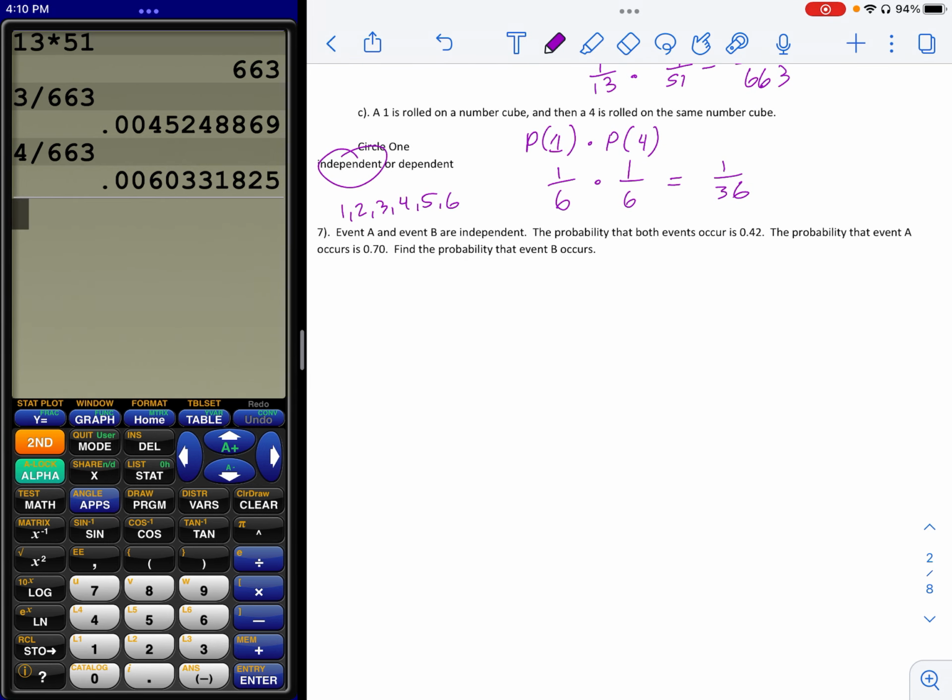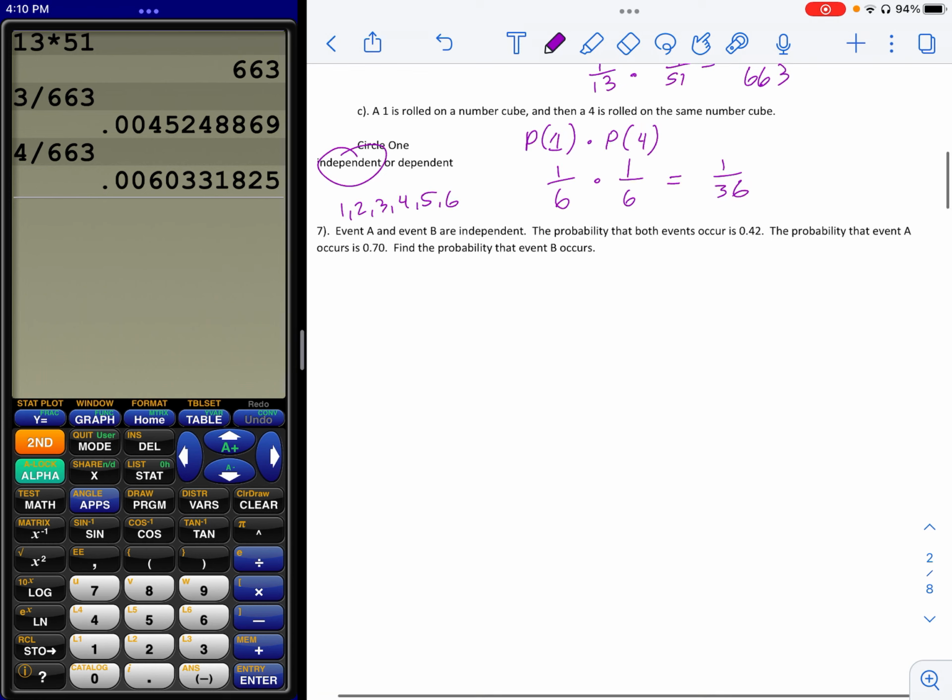7. Events A and B are independent. The probability that both events occur is 42%. The probability that event A occurs is 0.70. Find the probability that event B occurs. I don't even know what these events are, but it doesn't matter. I know they're independent. And what do I know when events are independent?